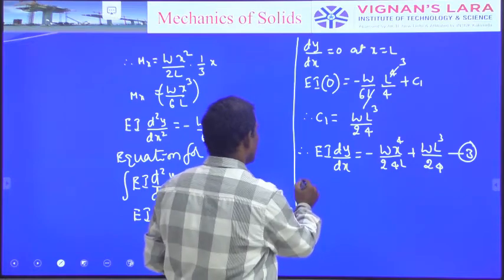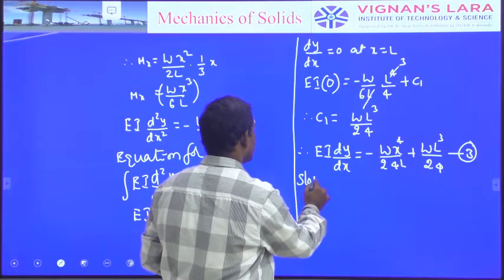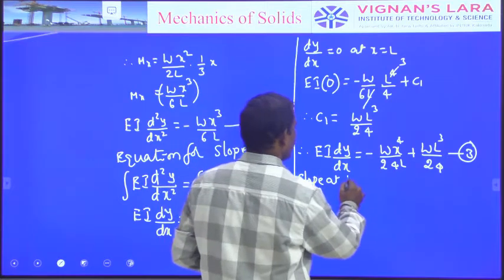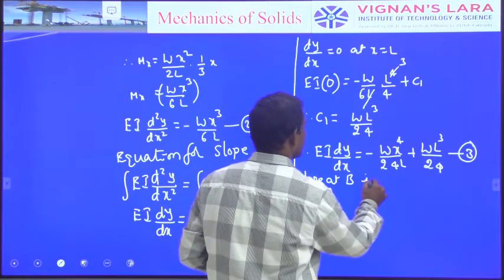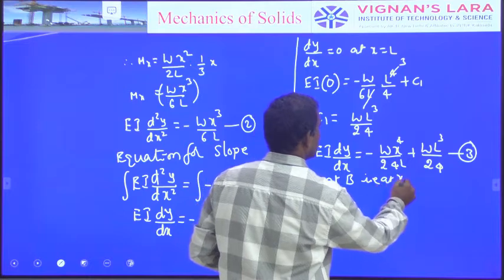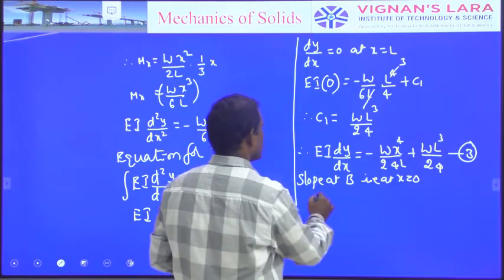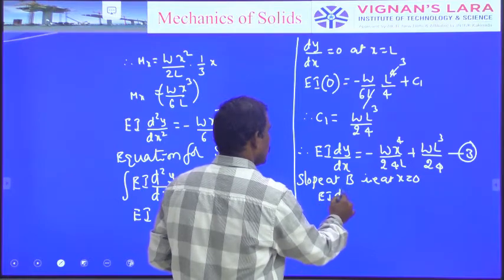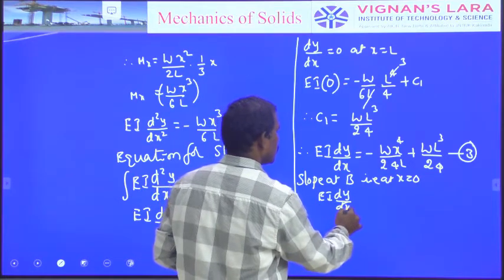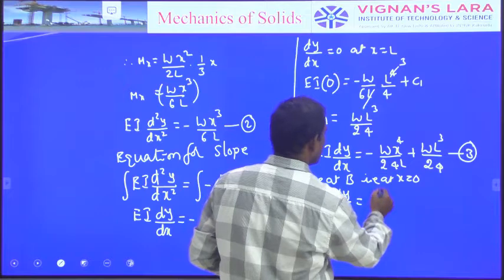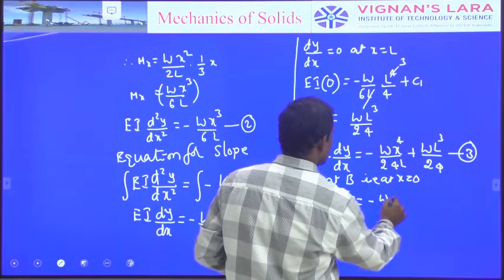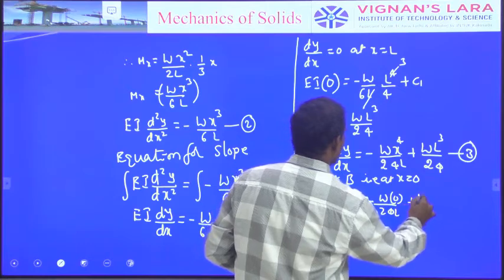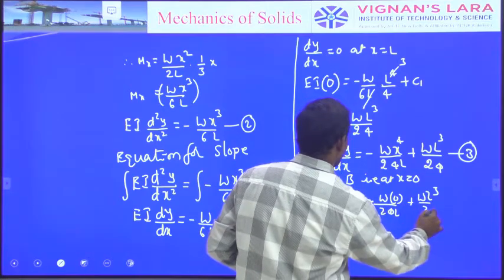So it means the slope at B, that is at x is equal to 0. If you substitute this value, EI into dy by dx at x is equal to 0, this term becomes 0 by 24L plus WL cube by 24.